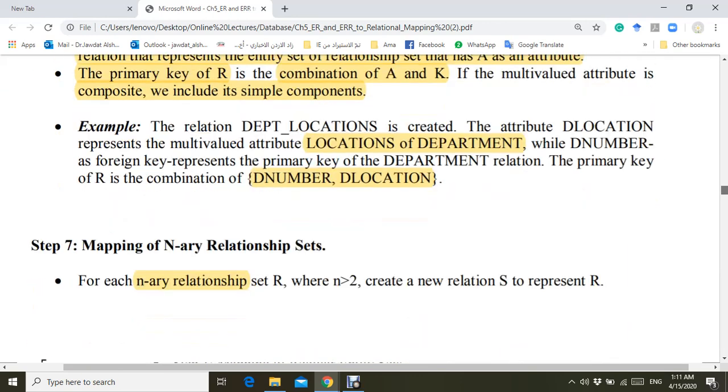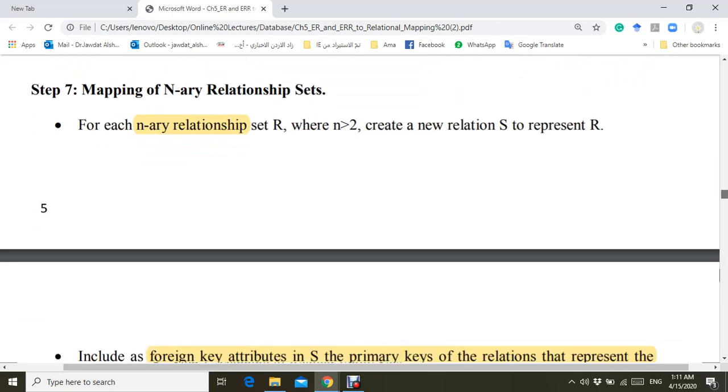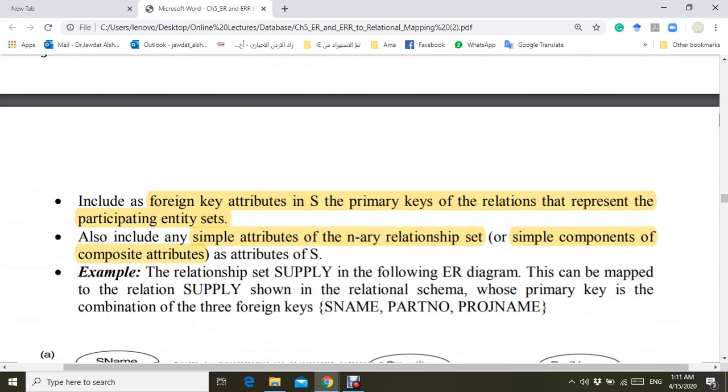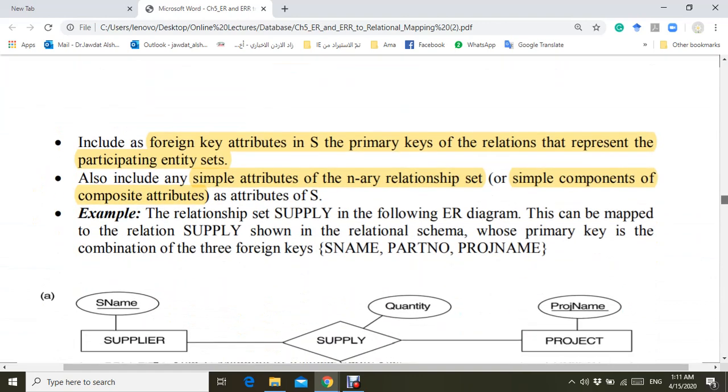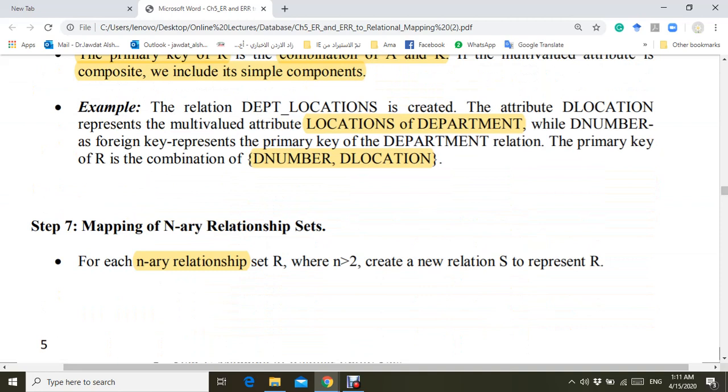Then mapping n-ary relationship sets. N-ary means we have a binary relation between two entities, and we may have a relation between three or four entities in the ER diagram. So what we do here is make a relation for the n-ary relationship.